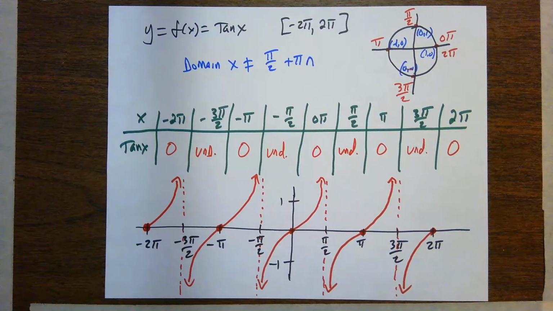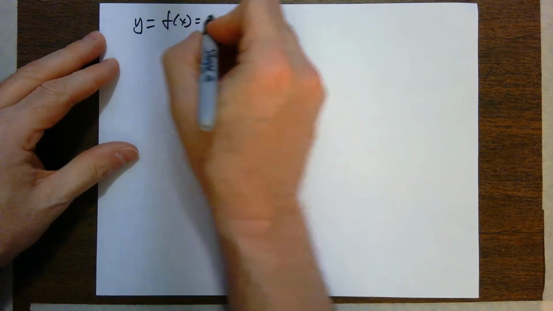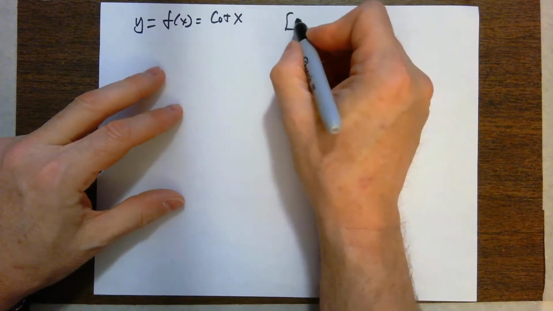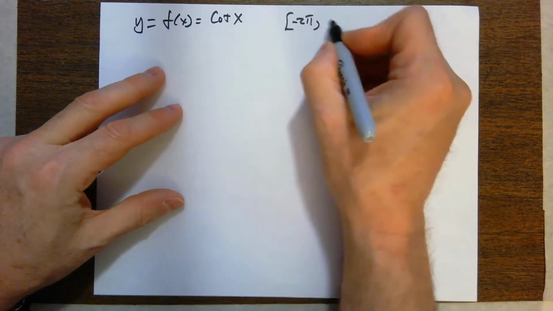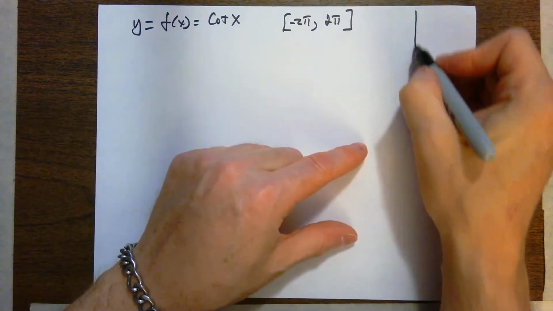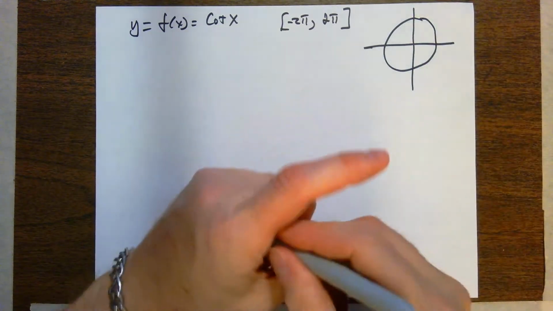All right, let's take a look now at cotangent. We're going to do the same thing. y equals f of x, the cotangent of x. And I'm going to graph it from negative 2 pi to 2 pi. Let's use our little unit circle here to help us do the actual calculations.